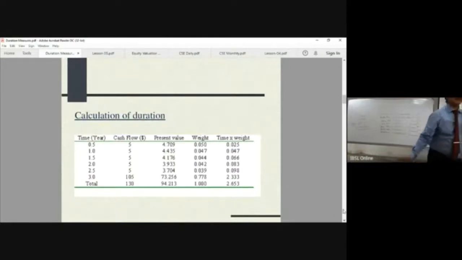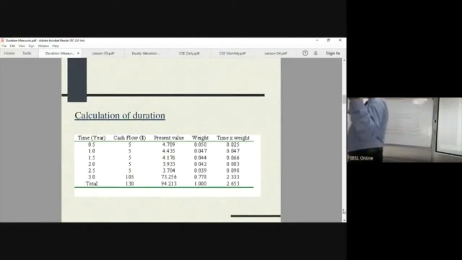Right. The calculation of duration is given here. Just look at it. Now, rather than going through the present values in the normal compounding way, here we go through the continuous compounding method.